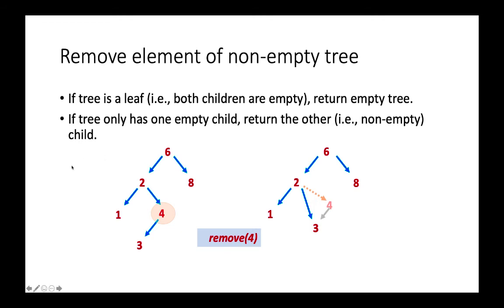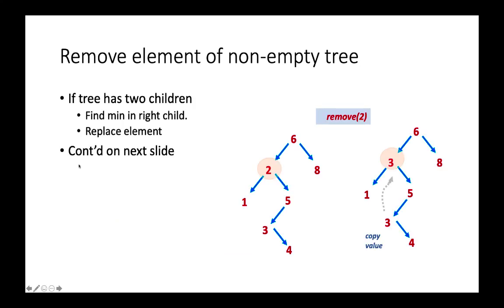If we remove an element of a non-empty tree, now we have a non-empty tree with 2 children. So now we have no easy way to do this. We again steal a child. So what we do is we ask our right-hand side, what is your smallest element? And that's find min, that is something that's defined there.